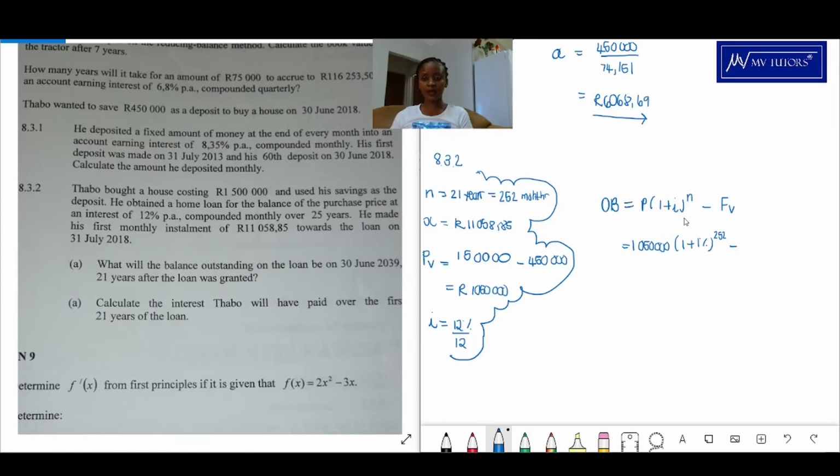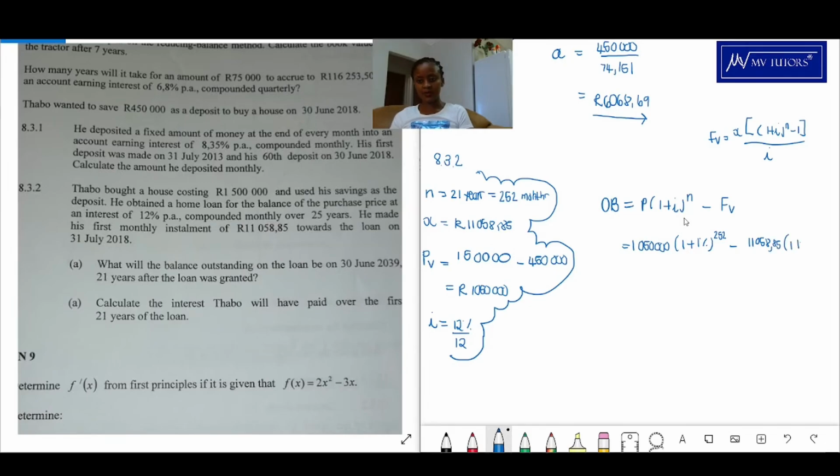We already have the equation there. Remember, it is x times (1 plus i) to the power n minus 1, all over i. So the x, the monthly payment, is 11,058.85.